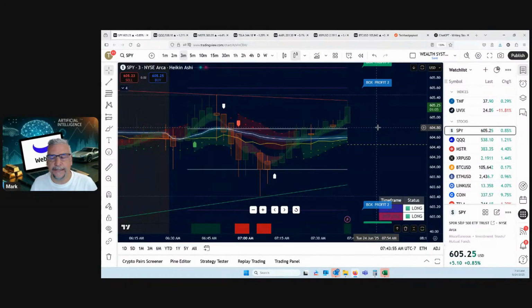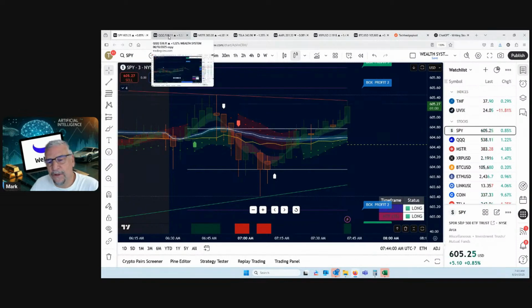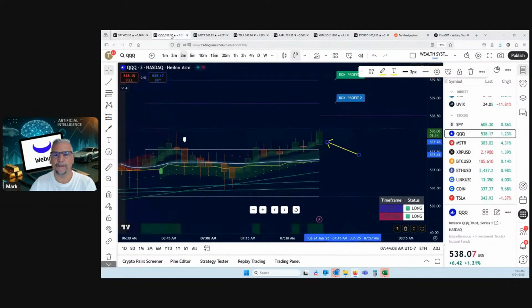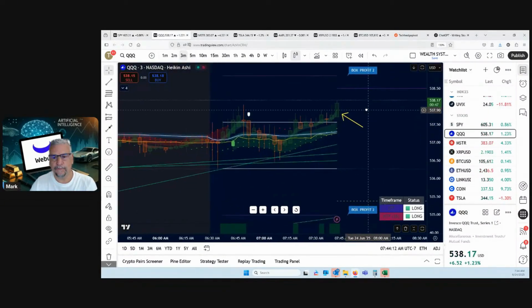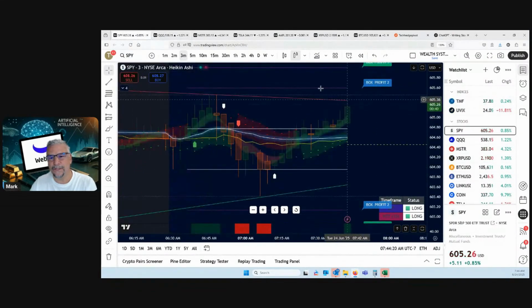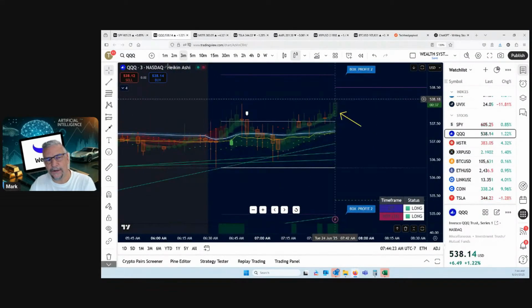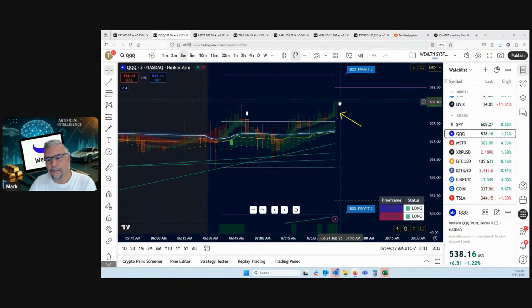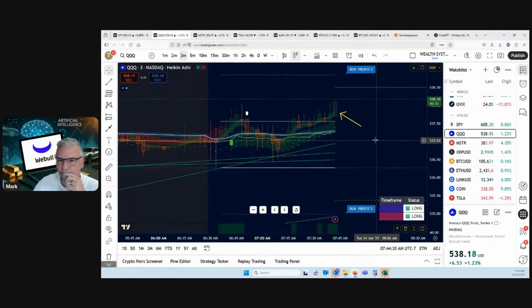SPY is an ETF that follows that, and the QQQ follows the Nasdaq, and both have similar stocks. They're weighted heavily in the same stocks, and so generally follow the same trends. So sometimes if one moves up, the other moves up too. If one falls, the other falls as well. So sometimes the resistance, even though not showing here anymore, could still be some resistance that, if this were to pull back, would cause the QQQ to pull back as well.